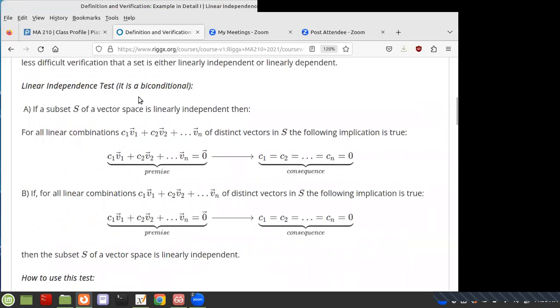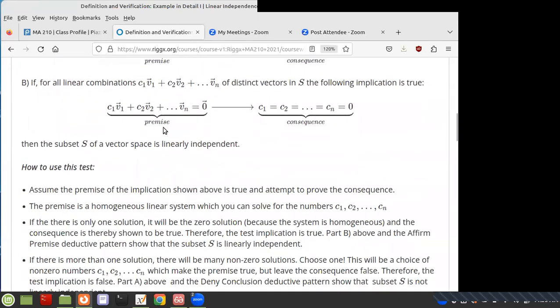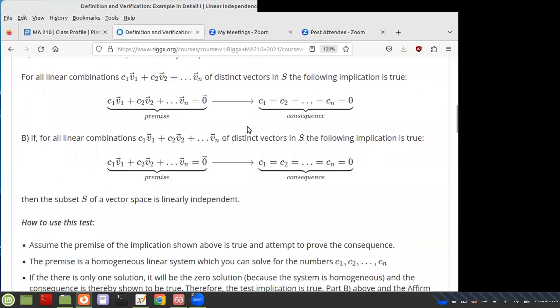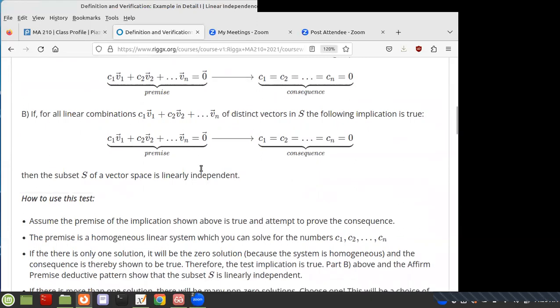Here's this test, premise, consequence. So we have to show this. This goes through abstractly what we just went through. Assume the premise of this implication. The premise is homogeneous linear systems, can solve for the numbers up here.